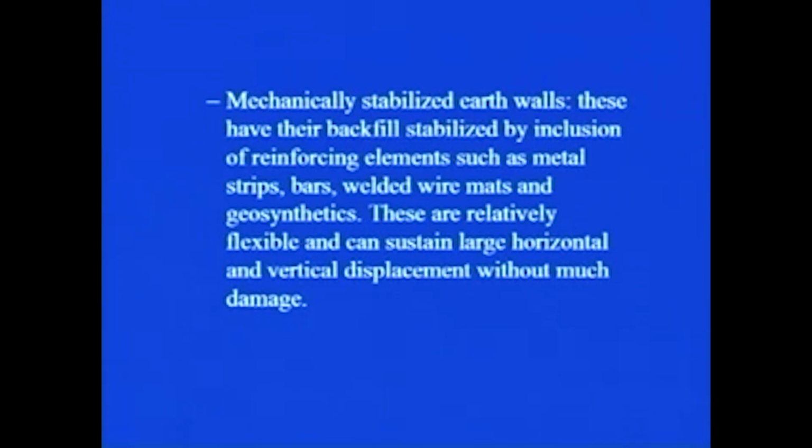So, you can see here in this slide, mechanically stabilized earth walls, what are they? These have their backfill stabilized by inclusion of reinforcing elements such as metal strips, bars, welded wire mats and geosynthetics. These are relatively flexible and can sustain large horizontal and vertical displacement without much damage.